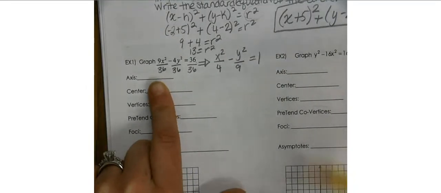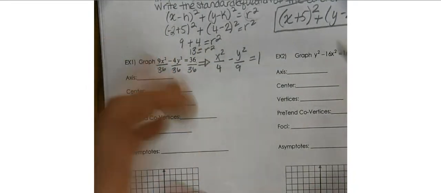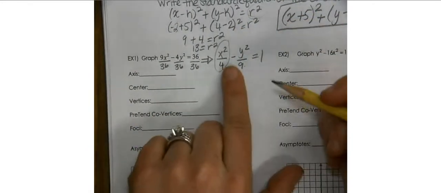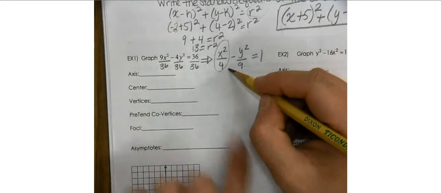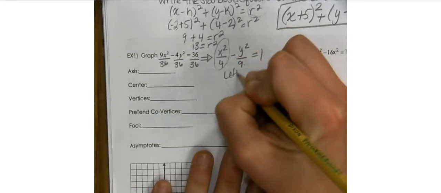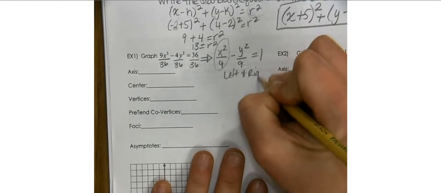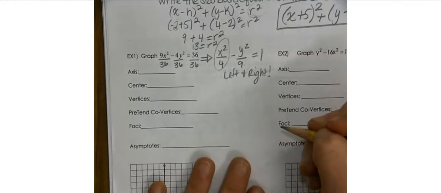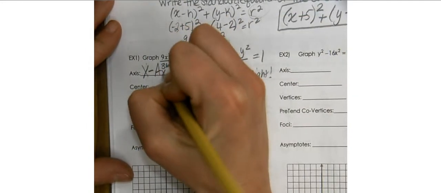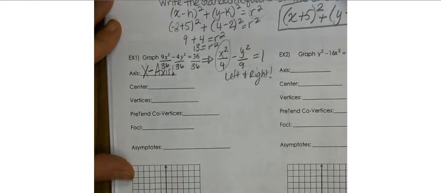So now it doesn't matter that 9 is bigger than 4, because x squared came first and is positive. That means that our graph is going to be pointing to the left and right, which means that the x-axis is our winner. It's going to be along the x-axis.